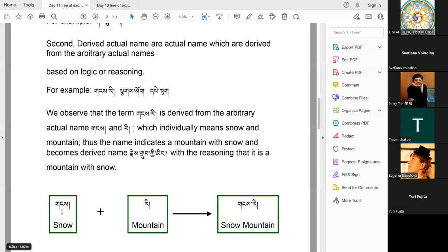So by this logic, we understand that snow mountain, Kangri, is a derived name, Jirubgiming, and it's an actual name because when we say Kangri, it actually means the snow mountain. Now you may have questions like, doesn't every name represent the thing that it is named after? This will be answered in a bit. That's not the case every time.